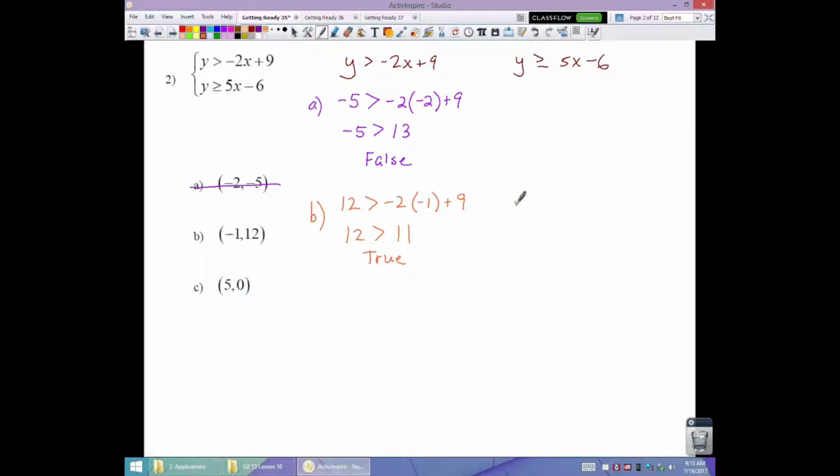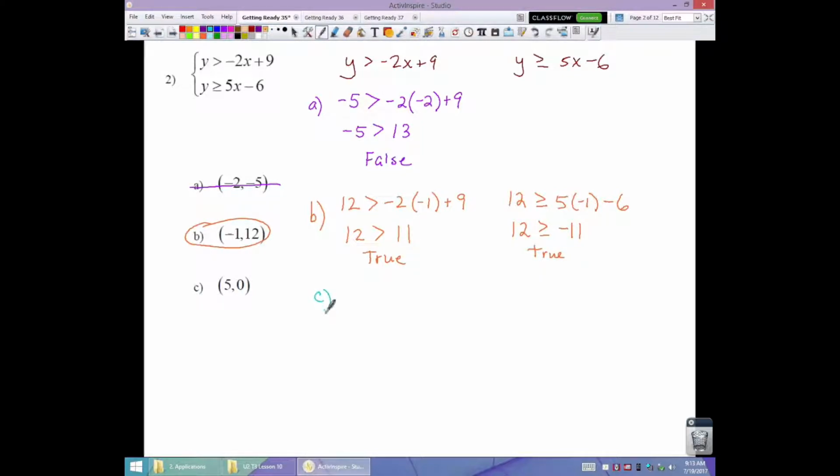So I try the other inequality for B. So 12 greater than or equal to 5 times negative 1 minus 6. That's 12 greater than or equal to 5 times negative 1 is negative 5, minus 6 is negative 11. That one's also true. 12 is greater than or equal to negative 11. So B worked for us. It's a solution.